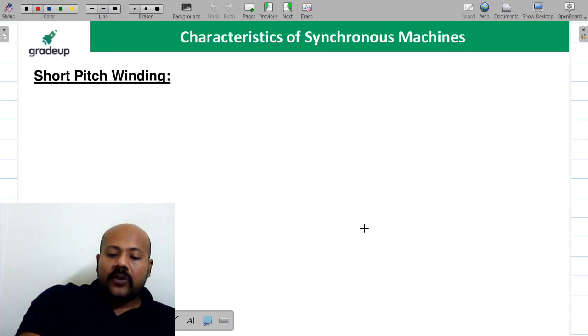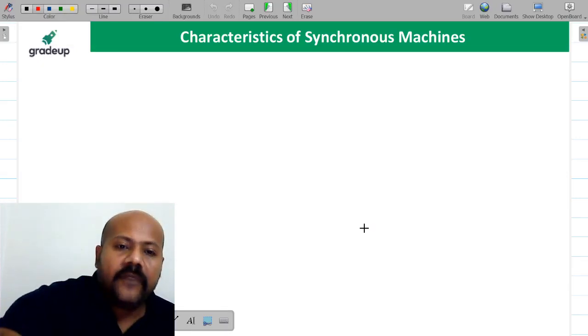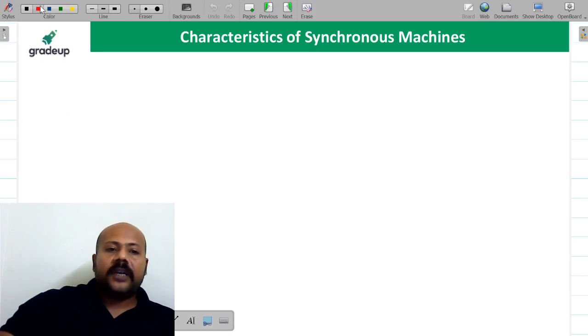Now, beta, let us go on, and if you want, I can give you a single statement. What is this slot angle or the slot pitch?